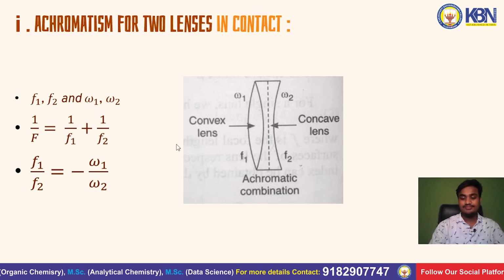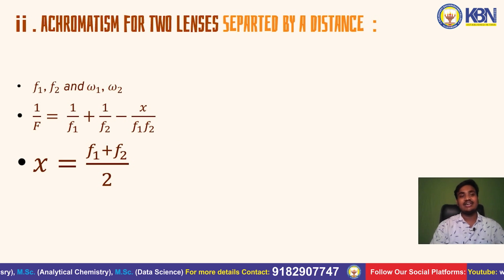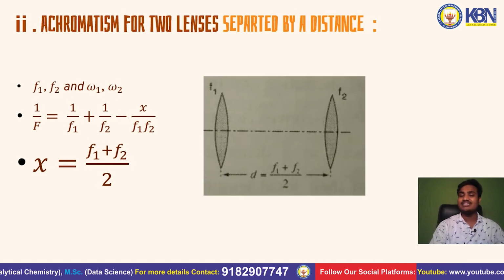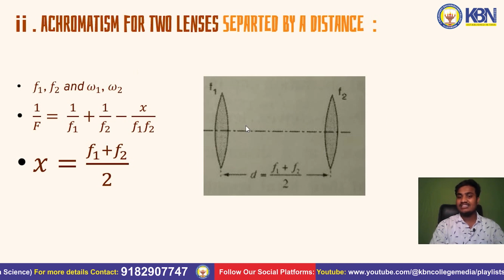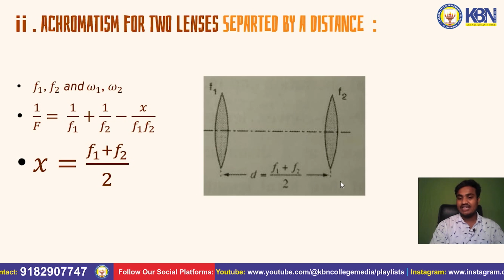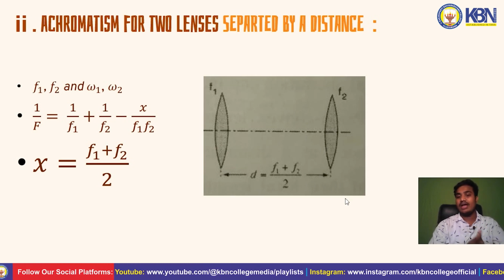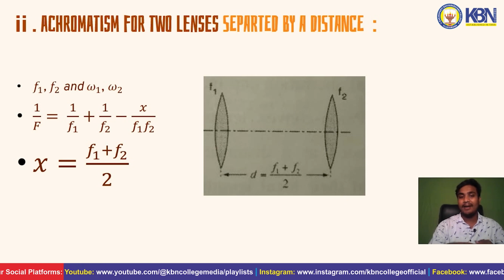Okay. Now coming to the second one, achromatism for two lenses that are separated by a distance. Here you can see the two lenses with focal lengths f1 and f2 are separated by a distance, represented by small d. D is equal to the average of f1 plus f2, that is (f1 plus f2) by 2, where omega 1 and omega 2 are the dispersive powers of the two lenses.